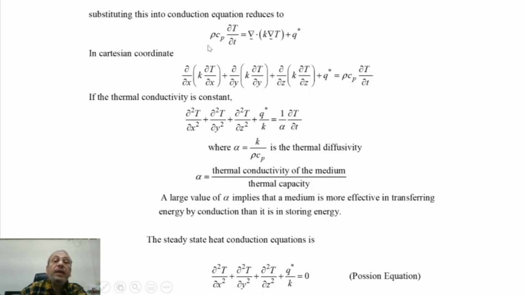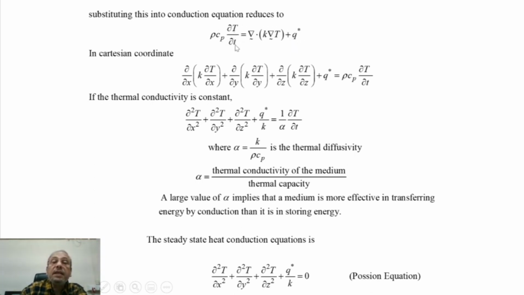Now we can write rho Cp del T del time equal to grad operator dot K grad T plus Q star. This Q star is the volumetric heat generation rate.